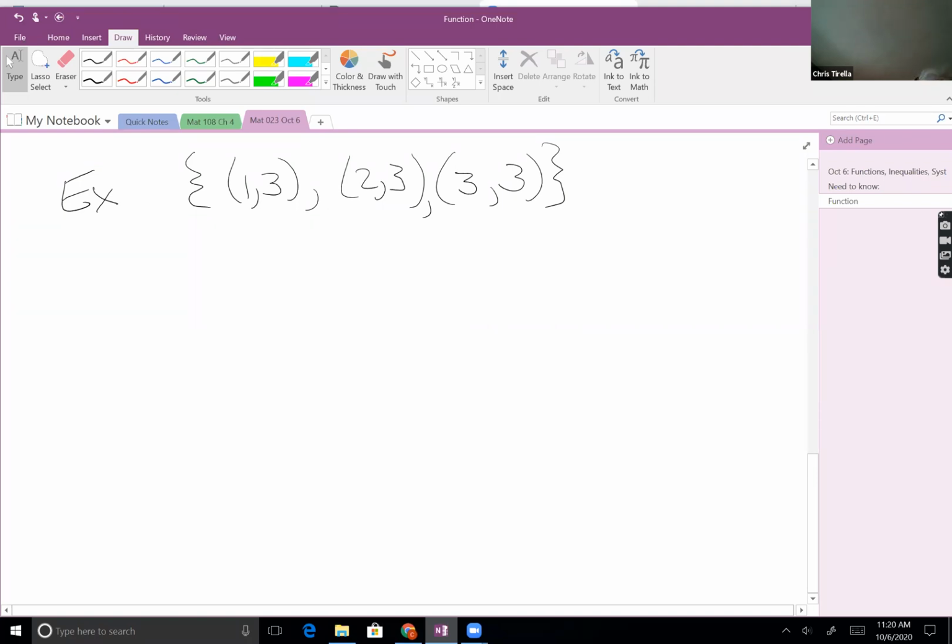When I talk about a relation, a couple of other terms that you hear, definitions that you need to know, is the domain. And the domain is the set of the first members of each pair.